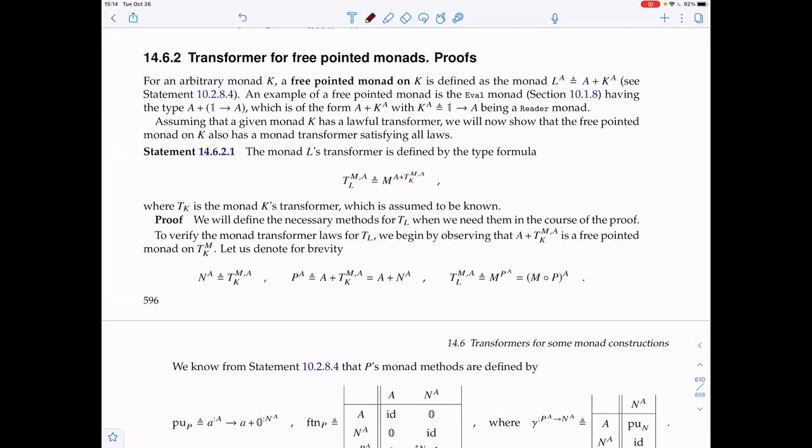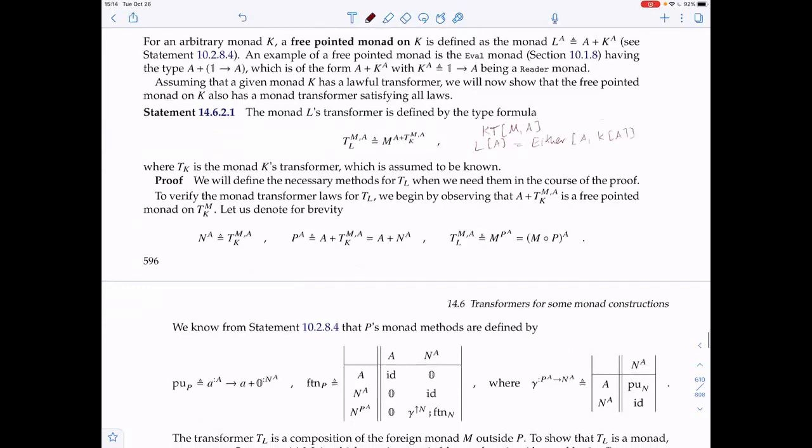So in Scala code, if you have a transformer like KT of M A, then the transformer for L, where L of A is either of A, K of A, and the transformer, which you might call LT of M A, must be defined as M. So this is a type definition. In Scala, you would write like this. Let me try to write Scala more consistently.